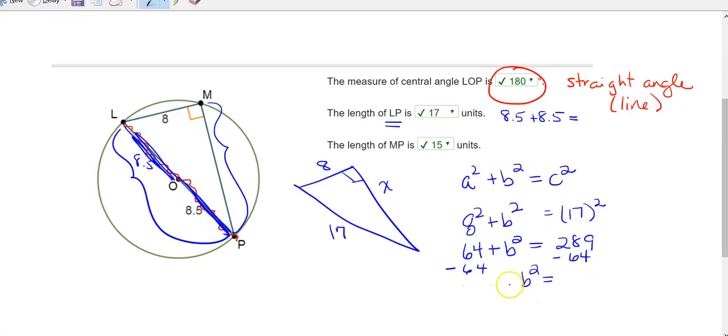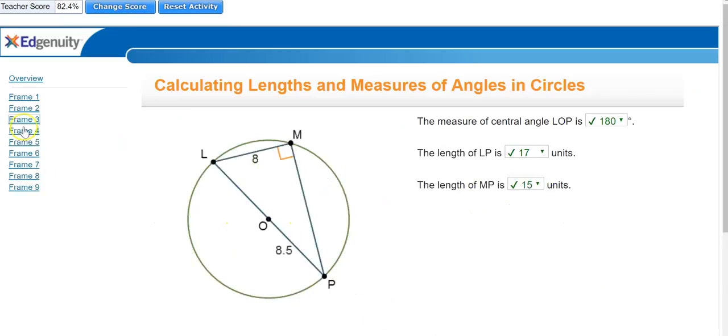So what will that give you? 225. So b is equal to 15. Questions?